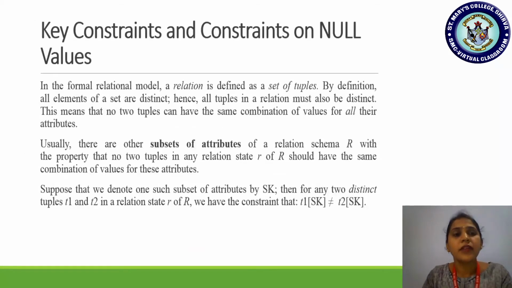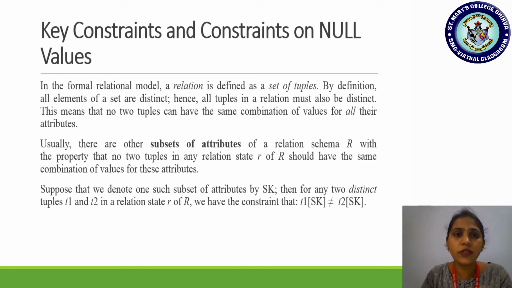Then key constraints and constraints on null values. Key constraints, that is, we all are familiar with the term primary key, right? Yes, so from now onwards we will be finding certain new features with key values or key constraints. What are the rules? And constraints on null values. So we can also find certain rules or restrictions on null values.